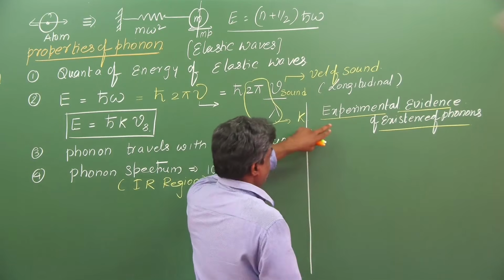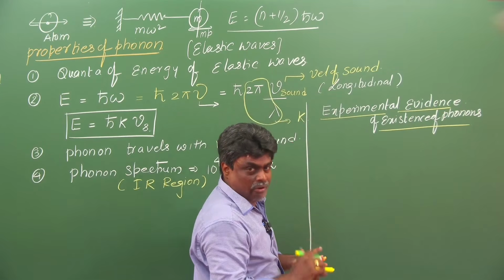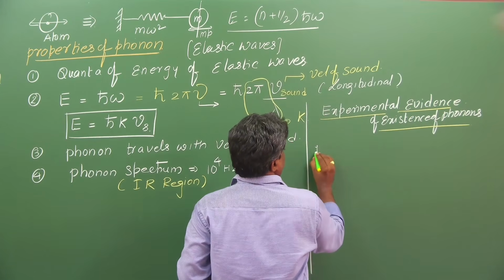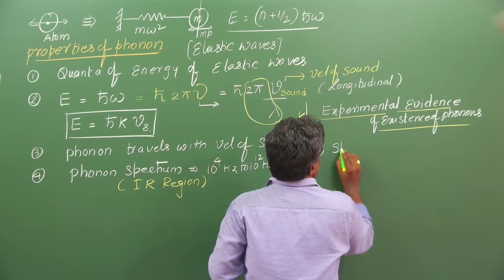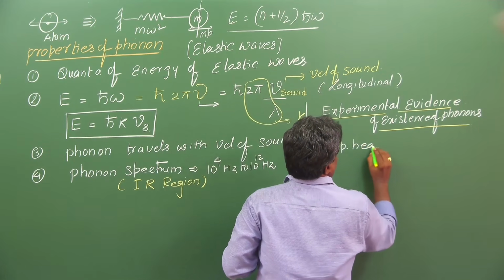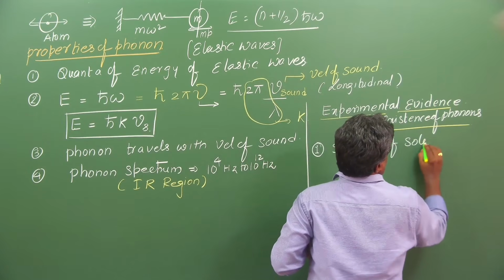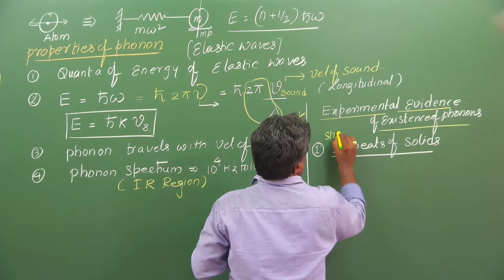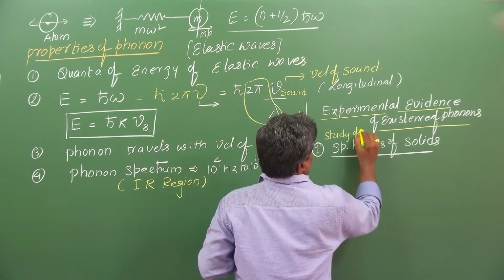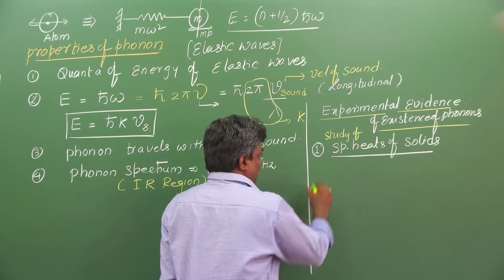Ready? Right. So the experimental evidence for the existence of phonons: two things are there. First one is the study of specific heats of solids. Everything is very useful for interviews.